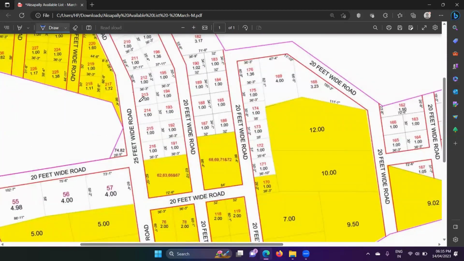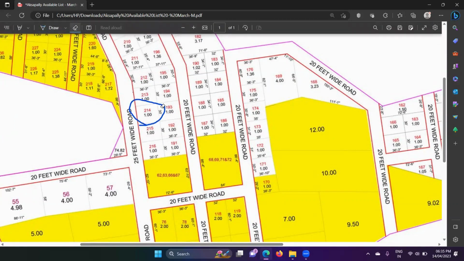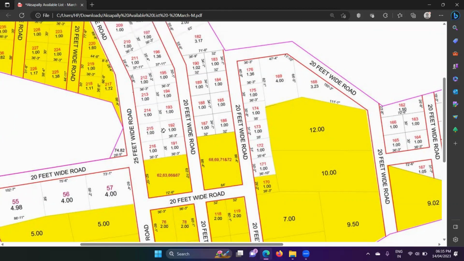For example, I will go with plot number 214. If you see plot 214, it is with the proper dimensions.